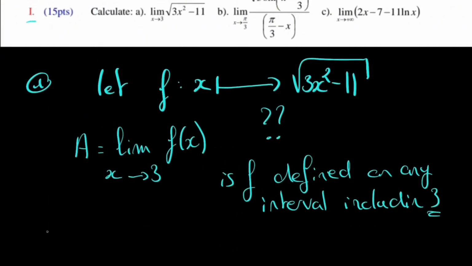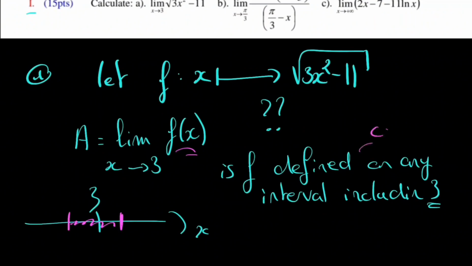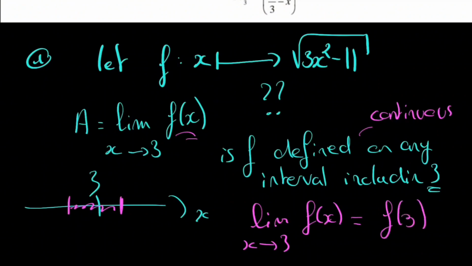Because if f is defined on any interval around 3 and is continuous, if we are in this kind of condition, limit of f of x when x tends to 3 would be f of 3. So are we in this case?